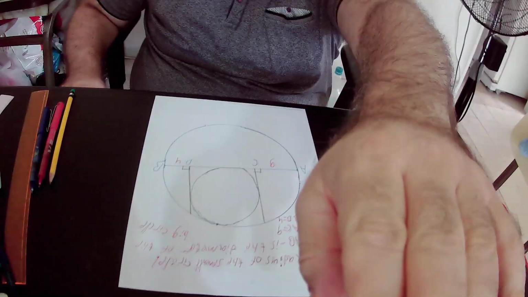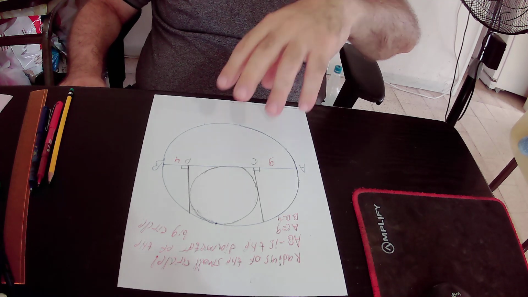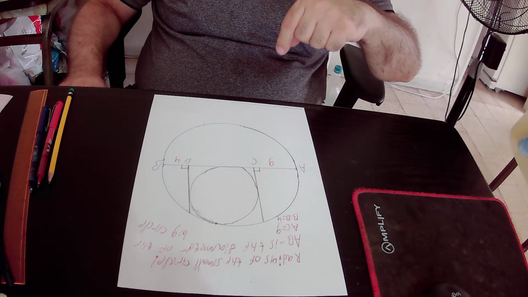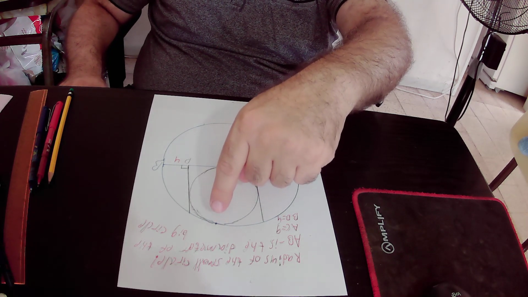Hello, in this lecture we will find the radius of the small circle. In the drawing we have two circles with an internal tangent between them at this point.